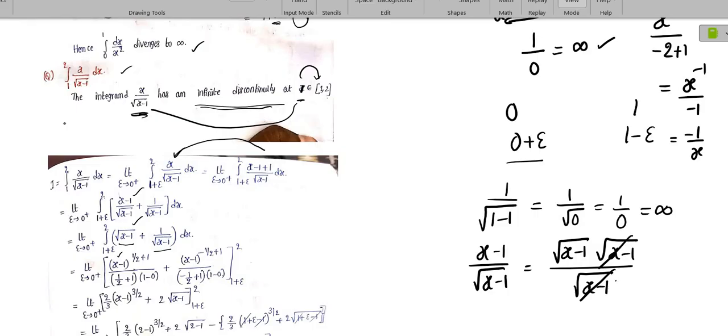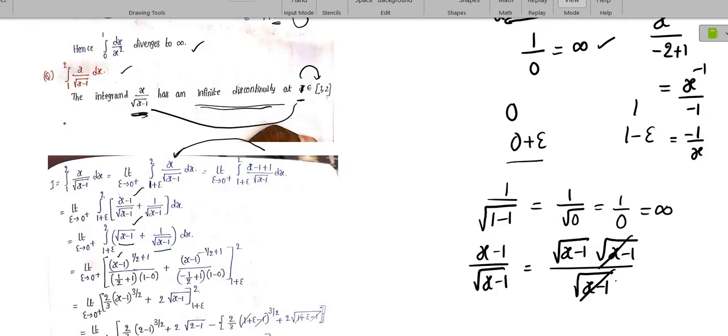That's why if I take this term to the numerator, then the power of x minus 1 becomes minus 1 by 2. That's why the integration of this term is equal to x minus 1 power minus 1 by 2 plus 1, by minus 1 by 2 plus 1. The differentiation of x is 1, and of 1 is 0.